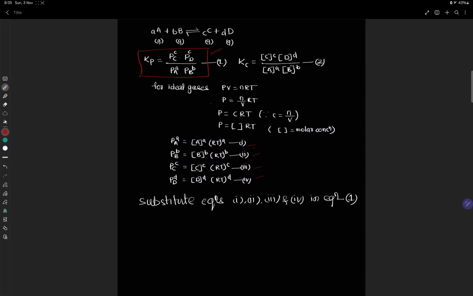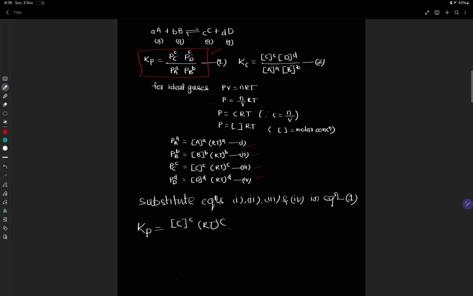Now what you get, Kp is equal to, instead of partial pressure of C power c, what you can write, molar concentration of C power c into RT whole power c.